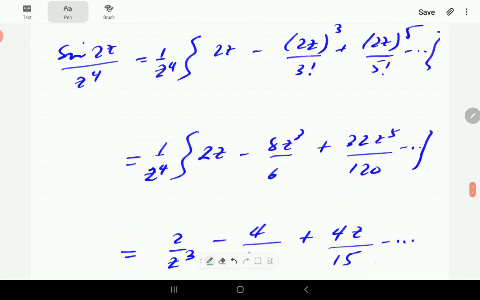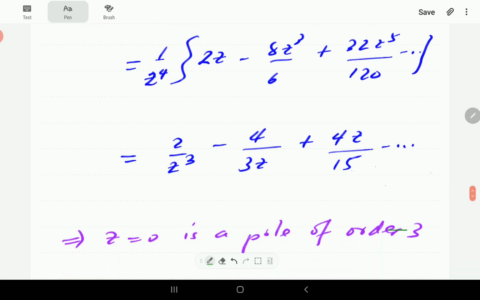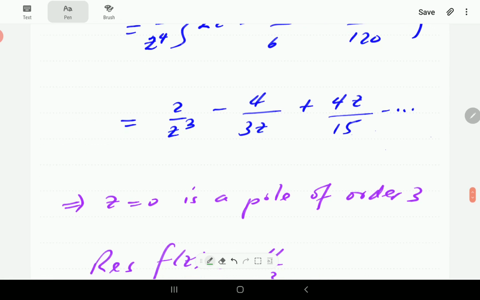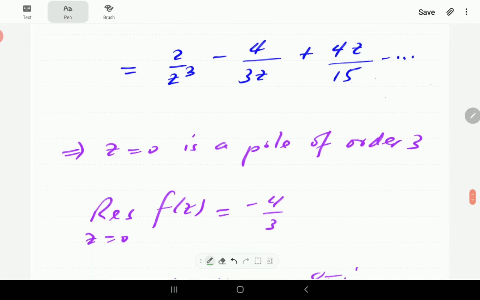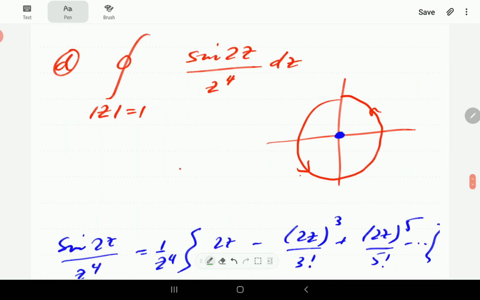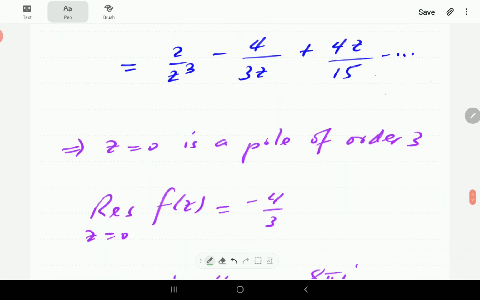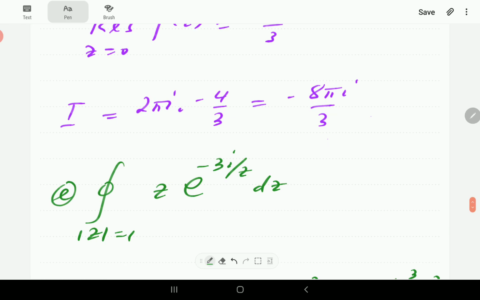If we do that, we find that the singularity is a pole of order 3, and the residue, which is going to be the coefficient of 1 over z, is -4/3. So that means the value of this integral is going to be 2πi times -4/3, and that gives us the final value.